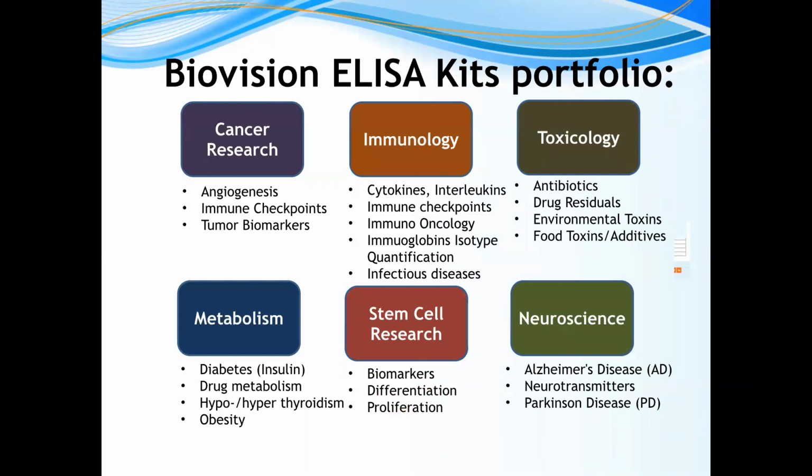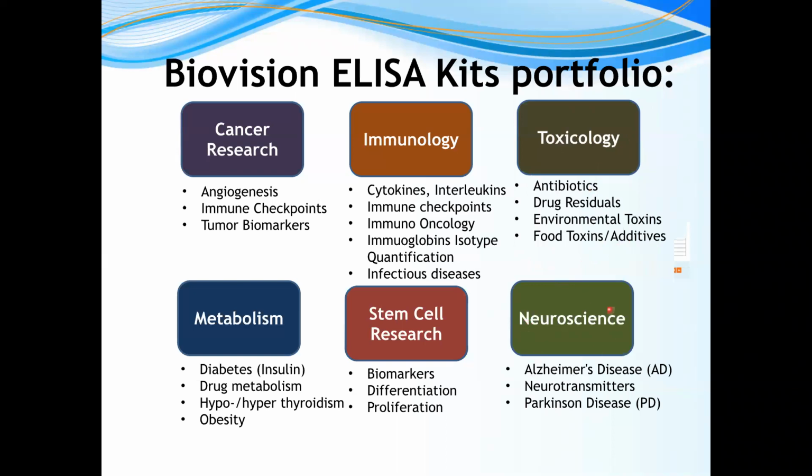Recently, we have added a very interesting category of toxicology ELISA kits, that includes ELISA kits for detection of antibiotics, drug residual, environmental toxins, food toxins, and additives. It's getting more and more popular nowadays.